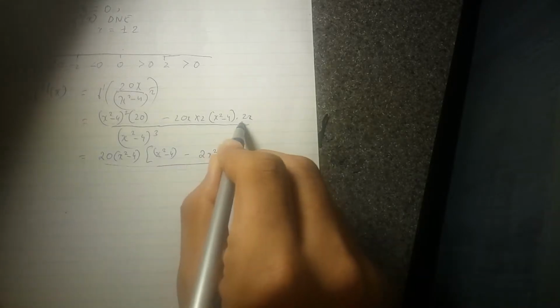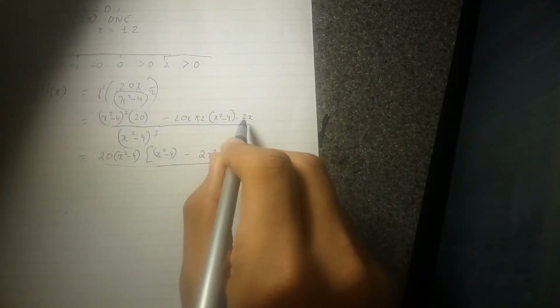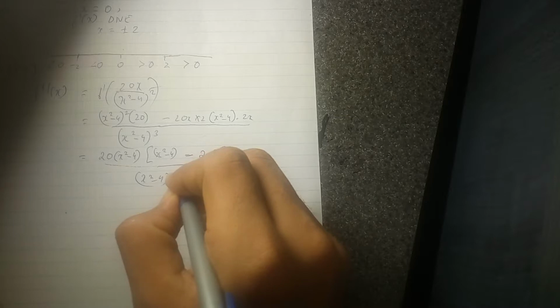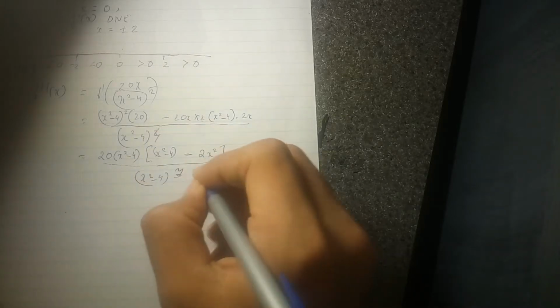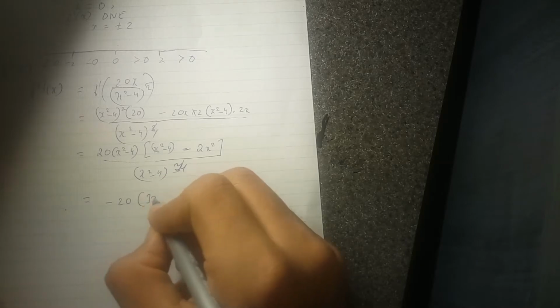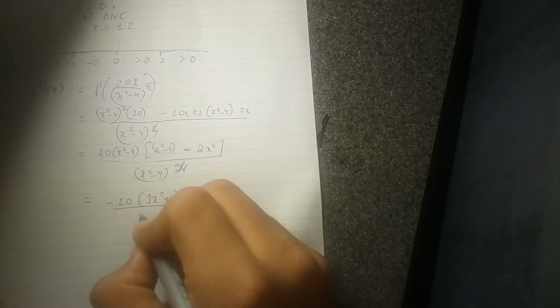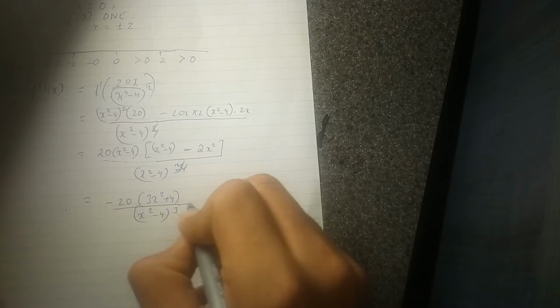Sorry, this would be 2x into x square minus 4 whole power 4, sorry. So this would be minus of 2 into 3x square plus 4 divided by x square minus 4 the whole cube. So this would be the value of f double dash of x.